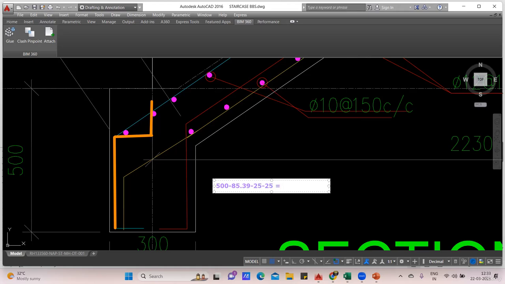Try to do this calculation. 500 minus 85.39 minus bottom 25 minus top 25 will be 364.61 mm. So this vertical height is 364.61. Good, great. That's it, finished.